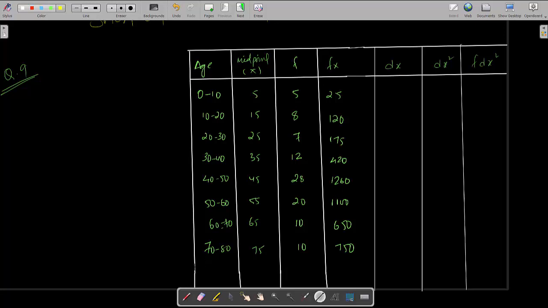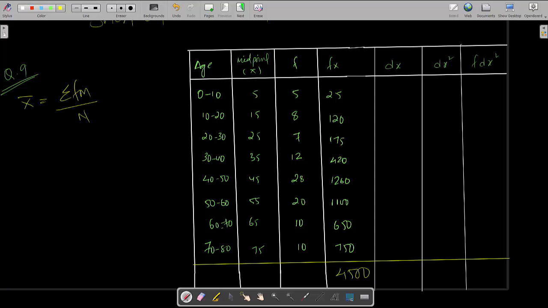Let's just write down here 4500. This is our value. So let's find out the mean here first. Mean is equal to sigma fm by n. Now here, don't get confused. You can either write fx or fm, it's up to you, because this is the midpoint.